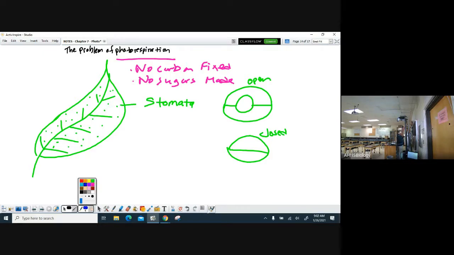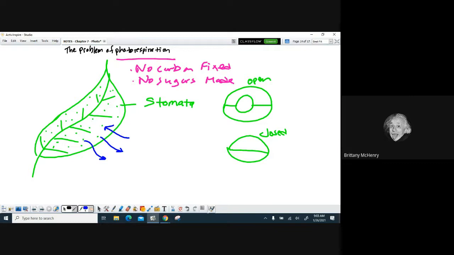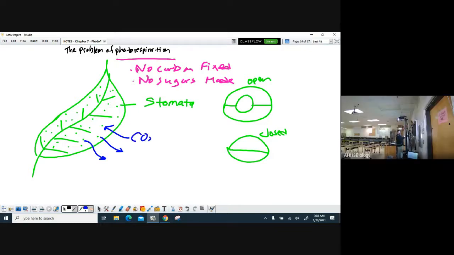These things are really important. One thing is going in and 2 things are coming out. What can go in that plants need? CO2. Carbon dioxide is going to go into the leaves for photosynthesis.